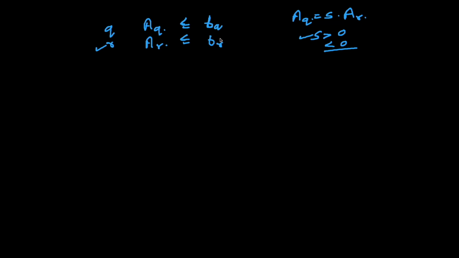Depending on that, sometimes one of them is implied, dominated by the other one, or sometimes we can detect infeasibility depending on the sign of S. Mostly infeasibility happens when the sign of S is less than 0, so one of them becomes greater than or equal to when we move both of them to the same scale, and those cases can sometimes result in infeasibility. Those details are not super important. It's very simple algebra.